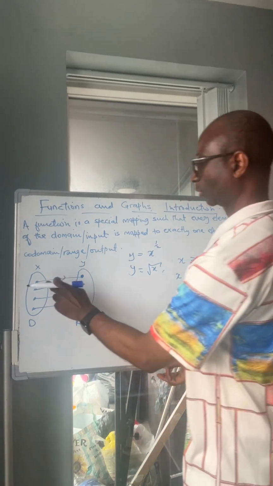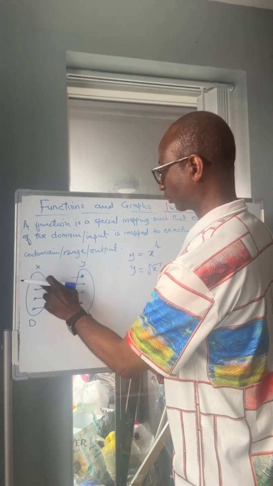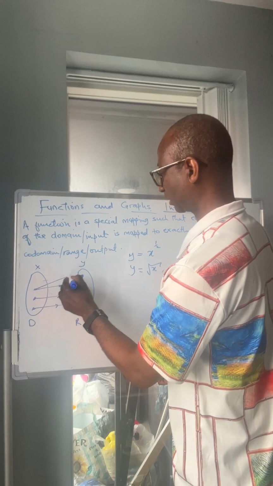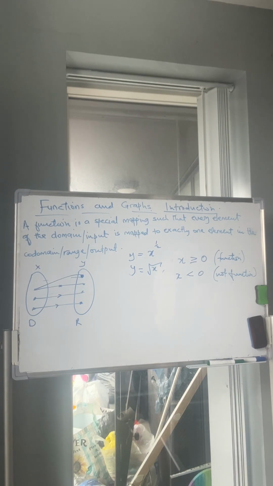Or without this one here, we can still take this one here. It's also a function. That is one-to-many. Now we'll have a one-to-many function by just making some changes to the domain. If x is greater than 0, it will be a function. But if x is less than 0, it will not be a function.